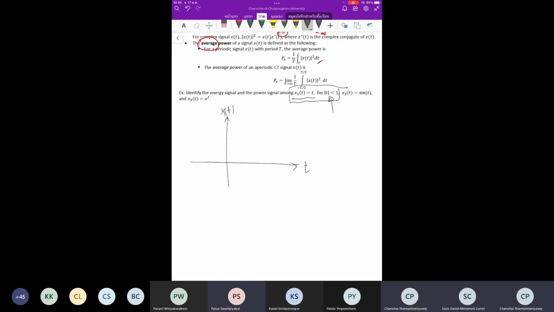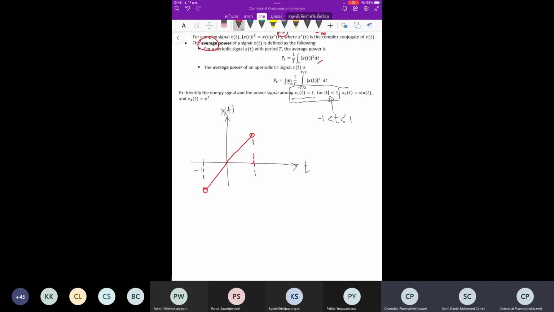The domain is defined from the range -1 to 1, so it's only defined between -1 and 1. So x(t) equal to t looks like a straight line passing through the origin, starting here and not including this endpoint. It looks like this.